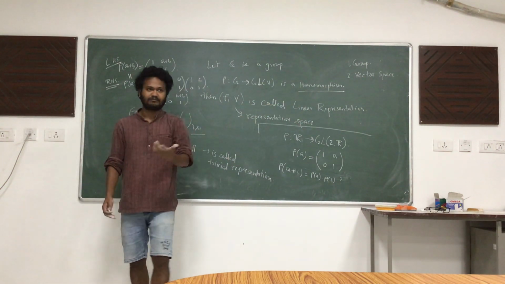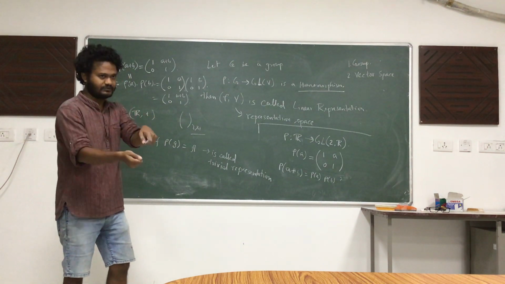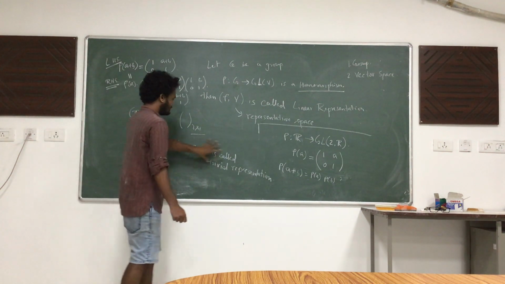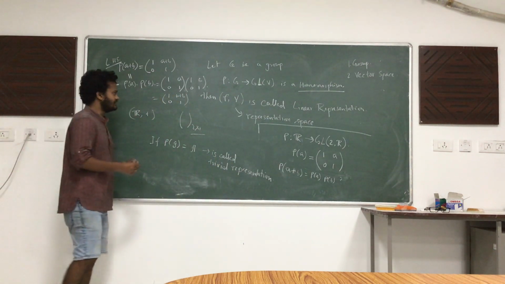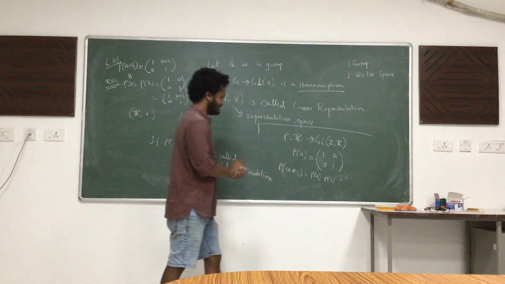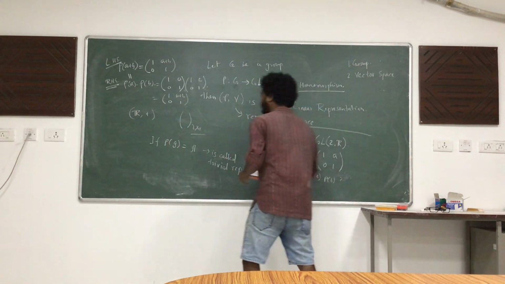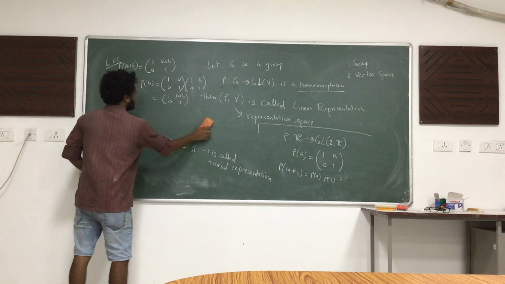One example of a homomorphism was to send all the elements to the identity element of the other group. So if this is done, it's called a trivial representation. So for any group, we can give a trivial representation to the vector space. A representation will be called faithful, but that will come later. Some other example.